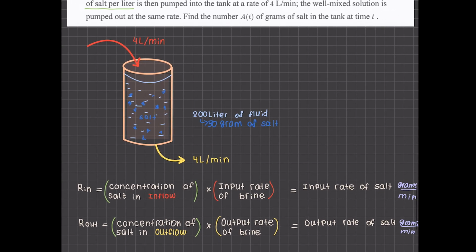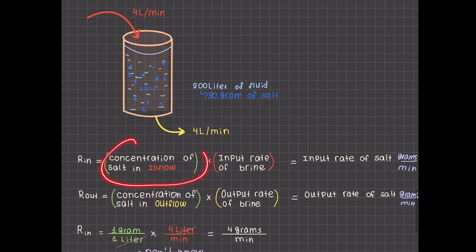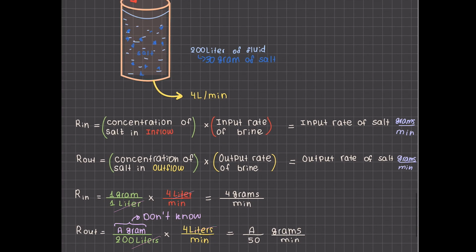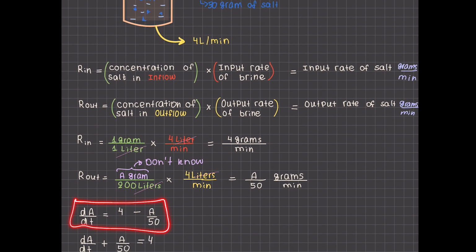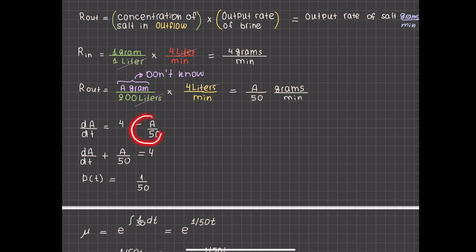Okay, so here is this problem. As we discussed, this is the concentration of inflow and the concentration of outflow, times the input rate of brine and the output rate of brine. Ta-da! So here is where we left off, and I'm just going to move this over here, with the plus sign, obviously.